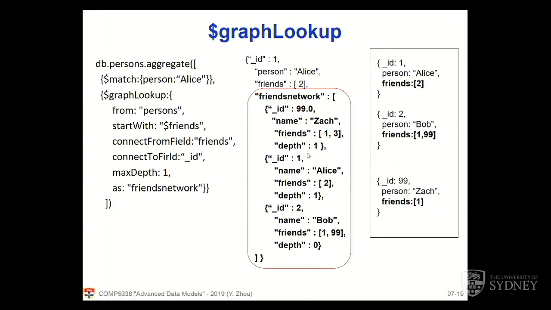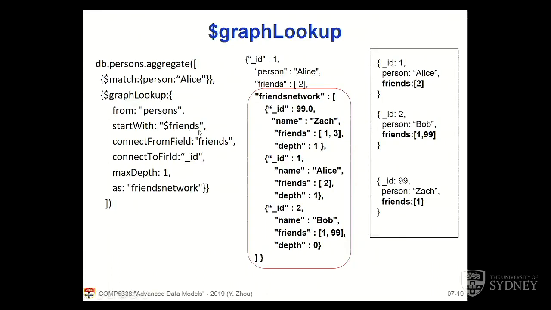It's still the document from the other collection, but how do we match it? How do we find the document? It's from all of this. So these few fields will indicate how we should find the matching document from the other collection.